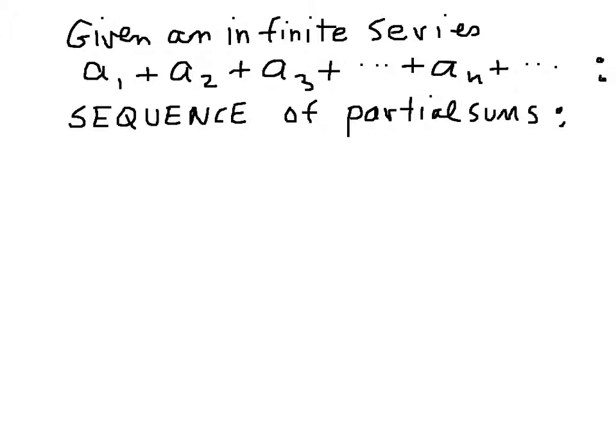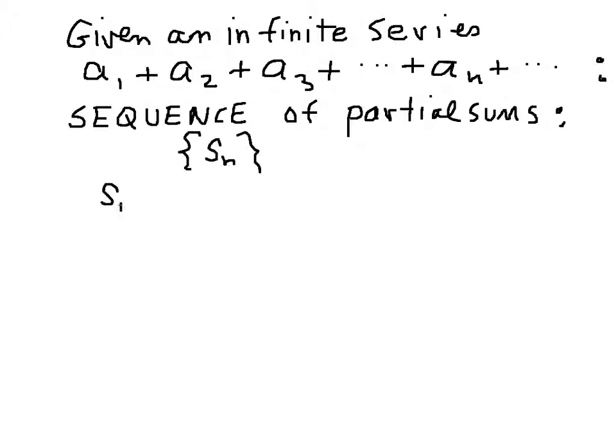So again, let's talk about some language. So suppose we have an infinite series, a1 plus a2 plus a3, and so on. What we do then is talk about a sequence of partial sums, and we have to really concentrate on making sure that when we say series, we mean series, and when we say sequence, we mean sequence. So this sequence of partial sums will denote like this.